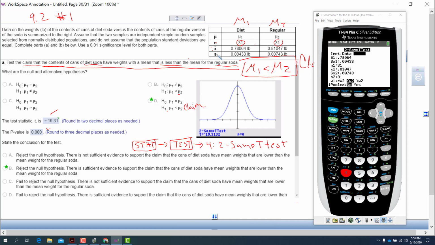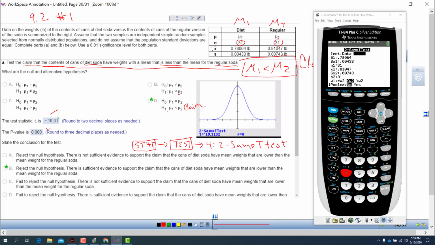The sample size is 31, so that's why you have to type 31 here. The standard deviation of the first sample is 0.0433, right here. Now for the second sample, you have n equals 31 as well. The mean of the sample is 0.81047, and the standard deviation is 0.00743, which is right here.